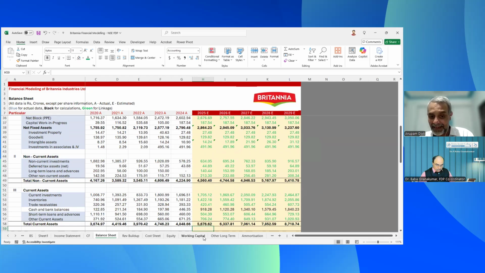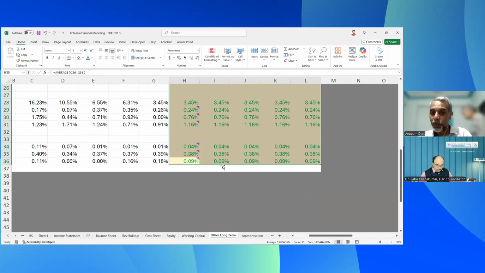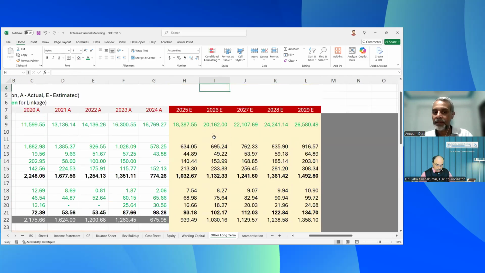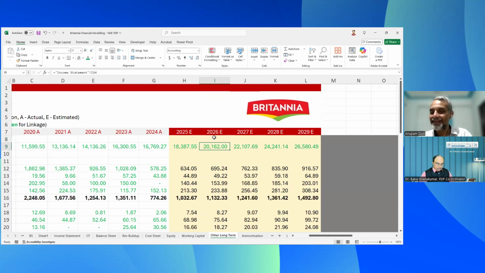And then, one of the other steps that we take care of is we ensure that none of the items is left empty. We just ensure that we are taking care of all those items. So other long-term items, many modelers make them constant.